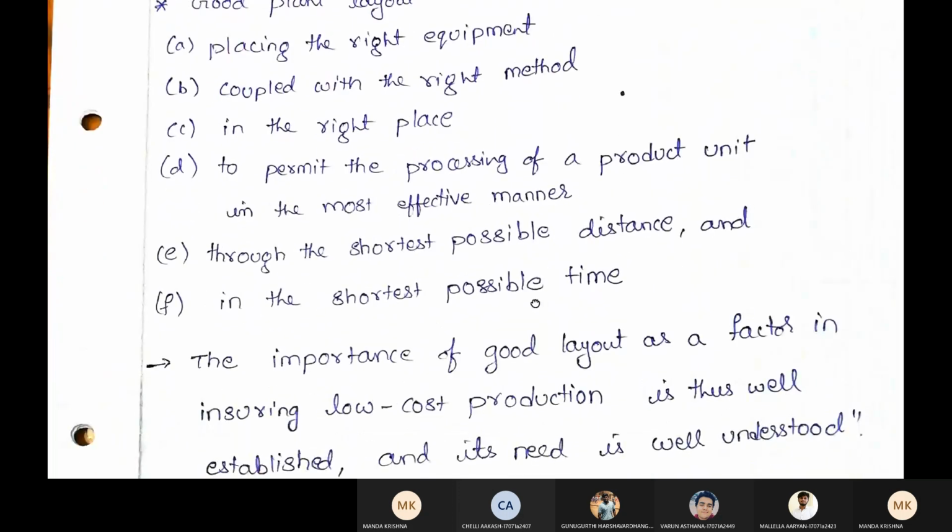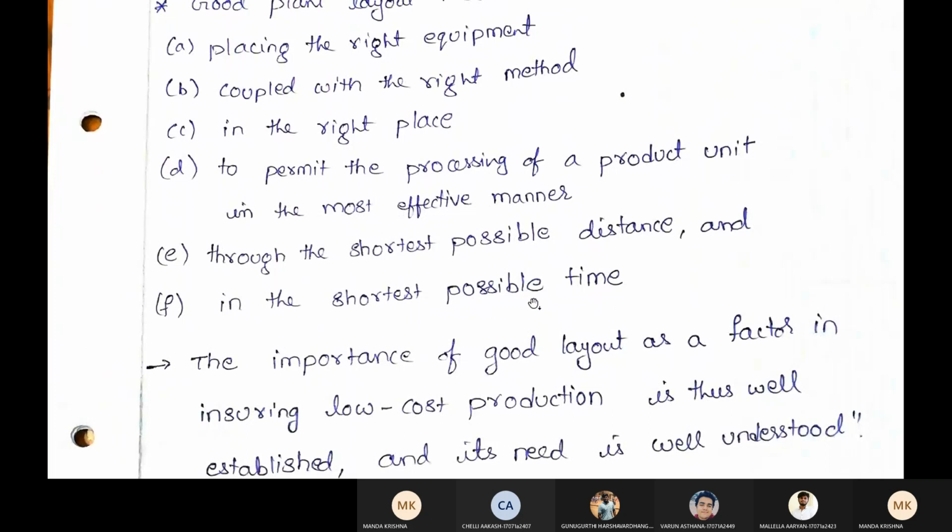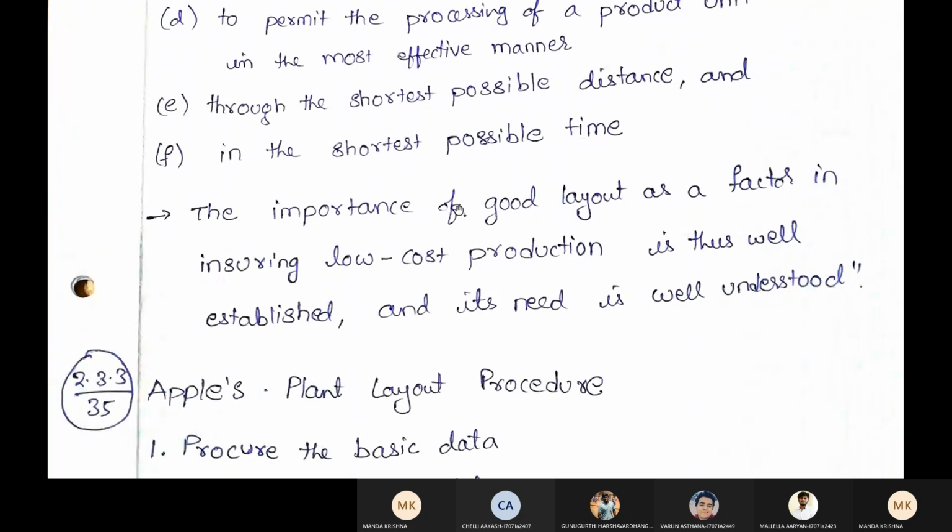These are the points in choosing the good plant layout, and the importance of good layout as a factor in ensuring low cost production is thus well established and its need is well understood.